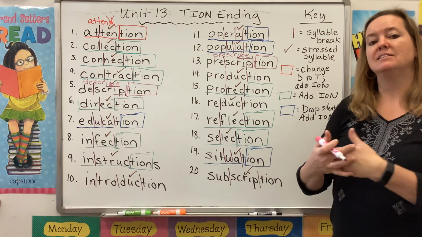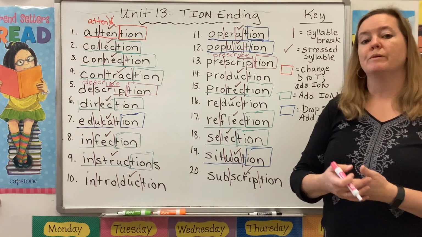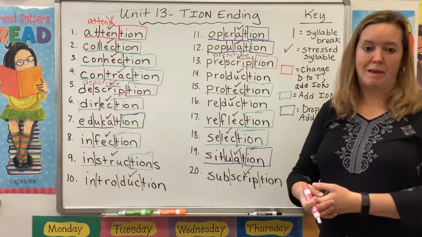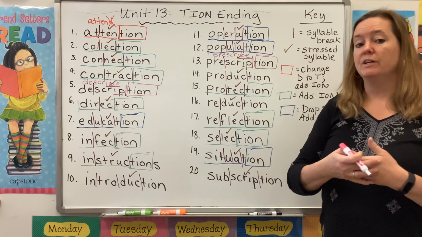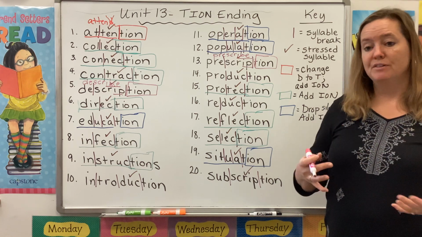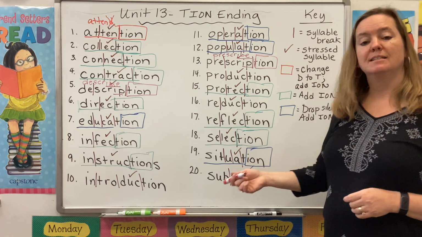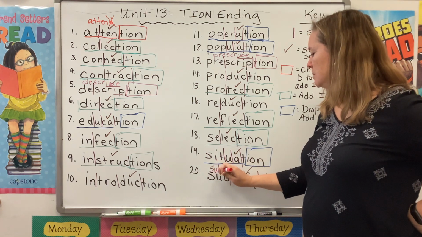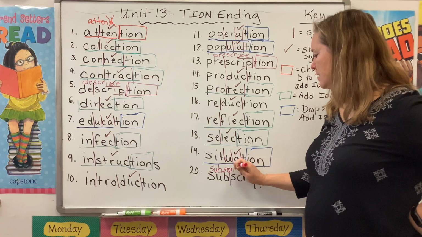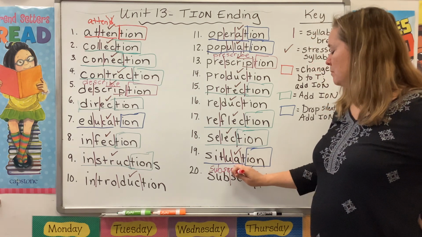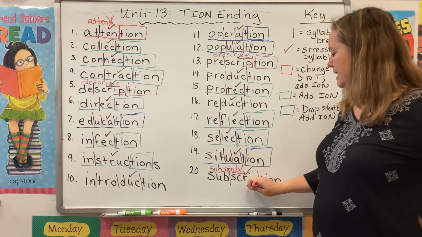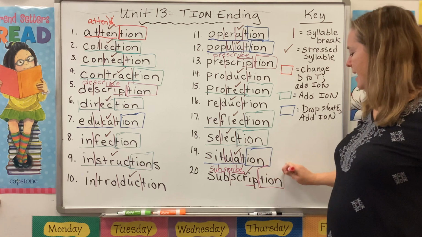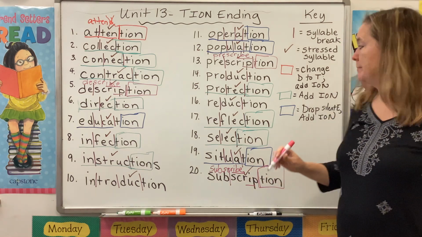We see that also right here. If you have a subscription to a magazine or a newspaper or a website or a YouTube channel, whatever it is, you can't get a subscription until you subscribe. Once again, we're changing IB to IP, and then we're adding T-I-O-N.